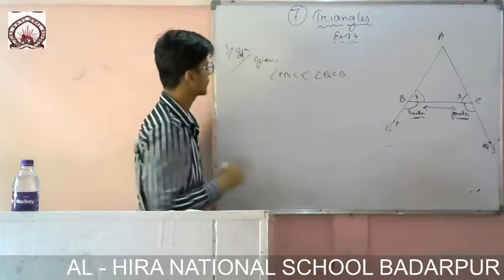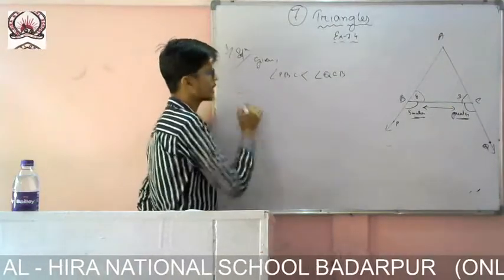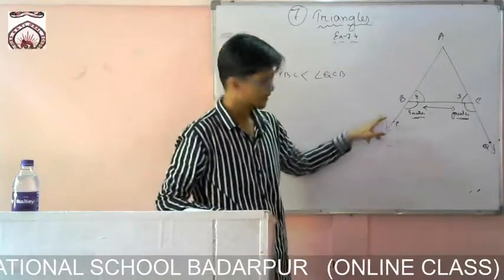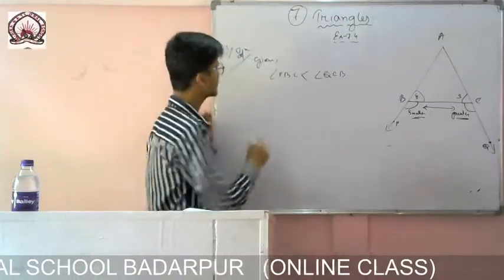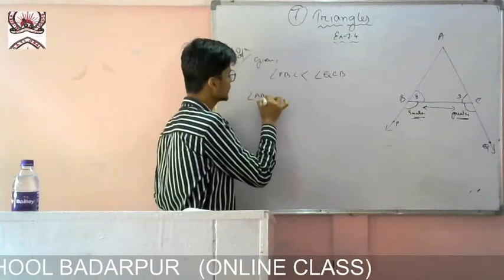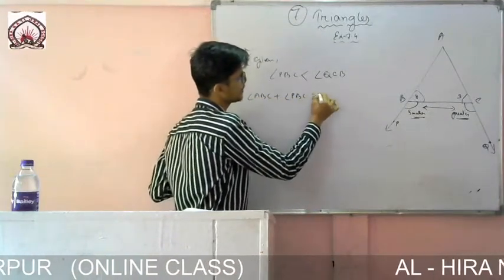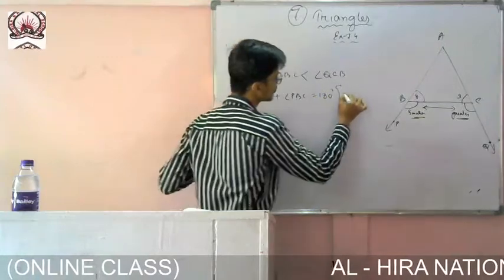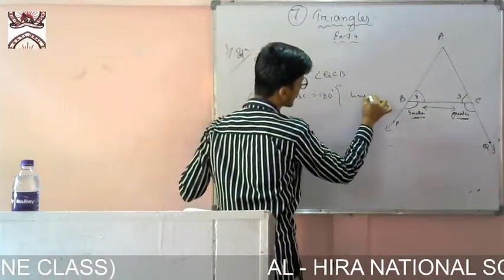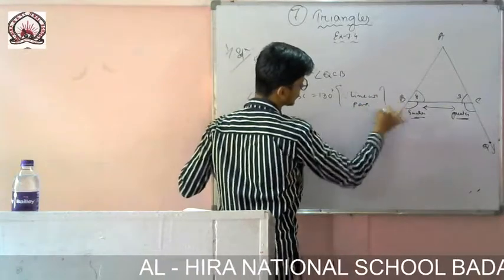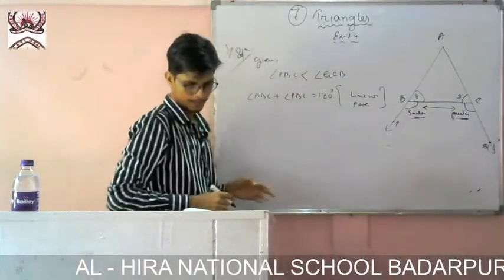Okay. So what I have discussed was by taking the linear pair. So let me take this one. If I take this side, then angle ABC plus angle PBC will be equal to 180 degrees, and the reason will be linear pair.